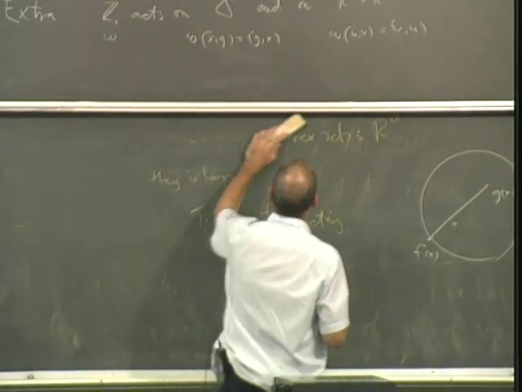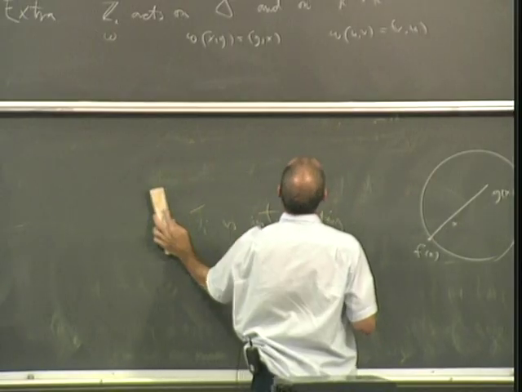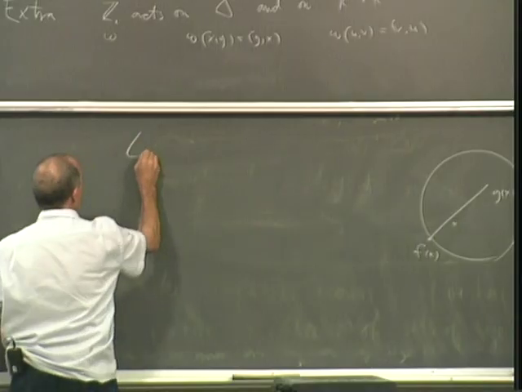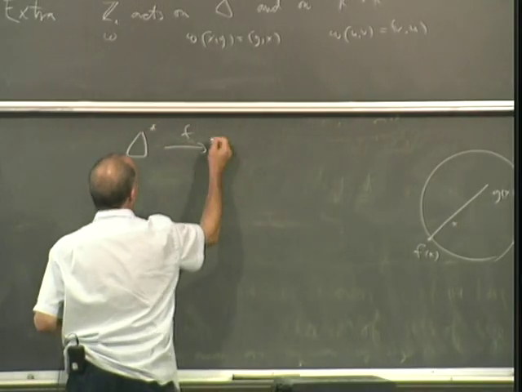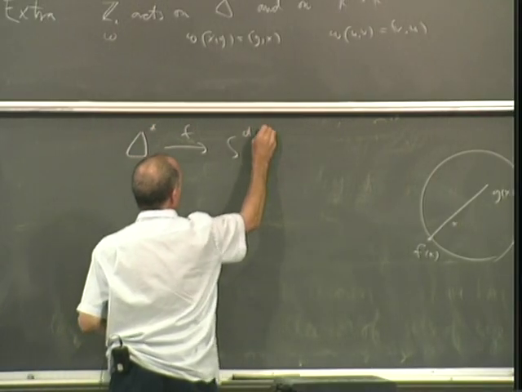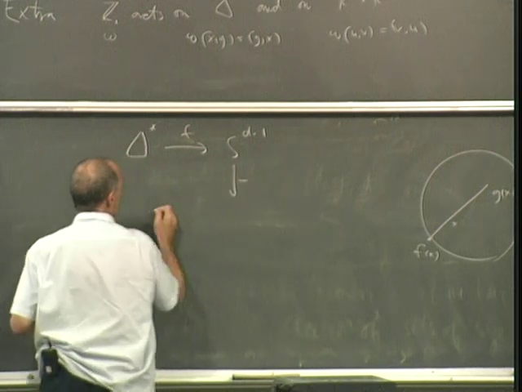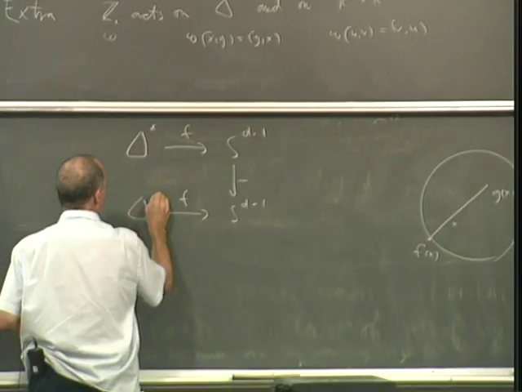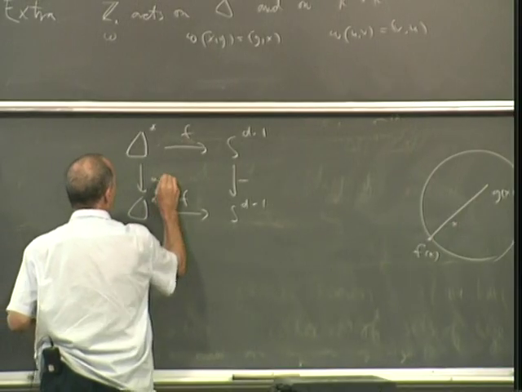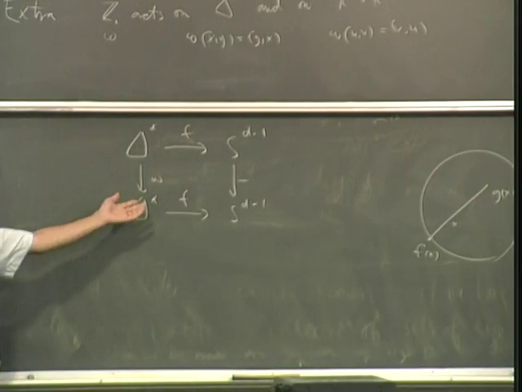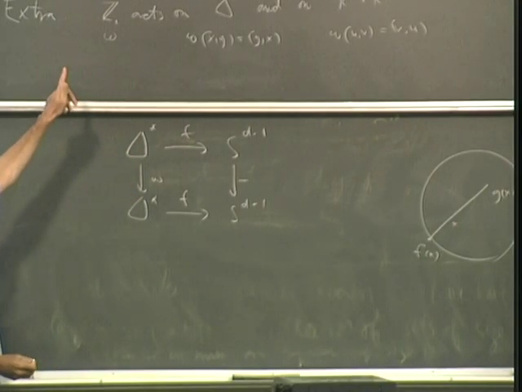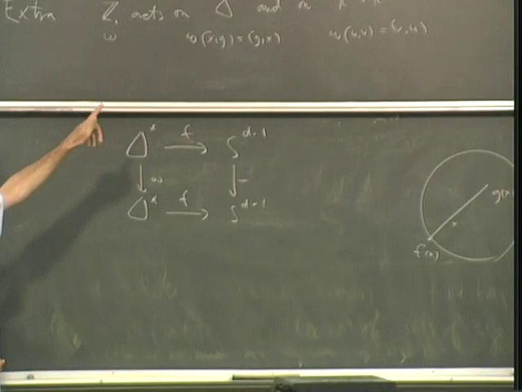We may call target space in this instance that S^(d-1). So what you have here is delta star, there is f, there is S^(d-1), and negative 1, S^(d-1), and f goes here, and delta star, and here is omega. And I want to show that such a map which commutes does not exist. I jumped over the R^d cross R^d minus diagonal, left out from this picture.